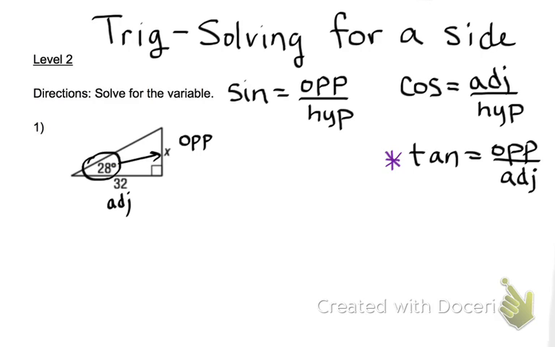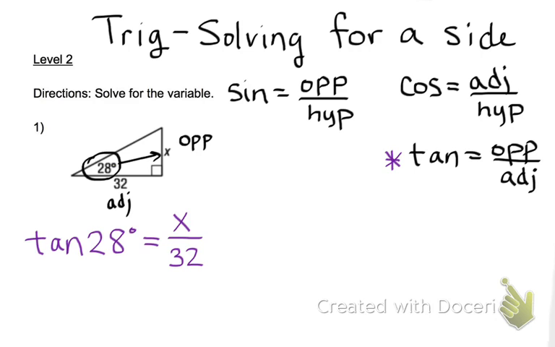So we're going to write our equation. Tangent of what's our angle? Our angle is 28 degrees, so tangent of 28 degrees equals our opposite side, which is x, over our adjacent side, which is 32.